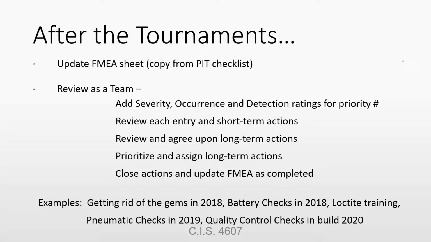We added the pneumatic checks in 2019 to our spreadsheet. We have a separate tab on our spreadsheet. So before we send out our robot, we're checking the battery and we're checking the pneumatic system, making sure we actually have pressure and enough pressure to run our compressors that we need. And then the last one's your favorite. Quality control checks.